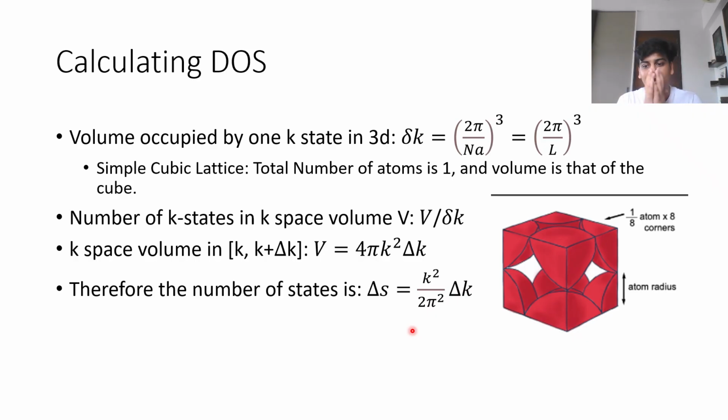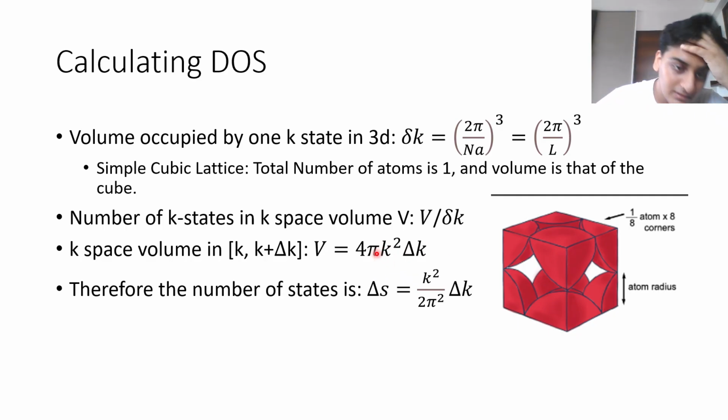So this is just like you have a sphere of radius K, and you're asking how much is the volume that is occupied by delta K more than that. So you can just multiply the surface area of that sphere, 4 pi K square, with delta K. Assuming delta K is small, this approximation will hold.